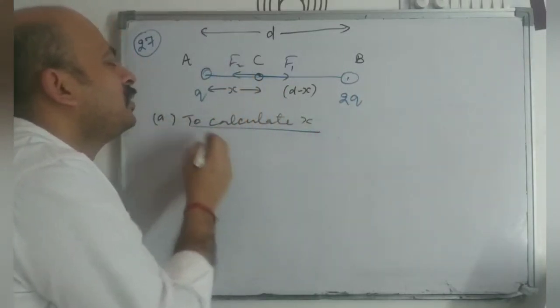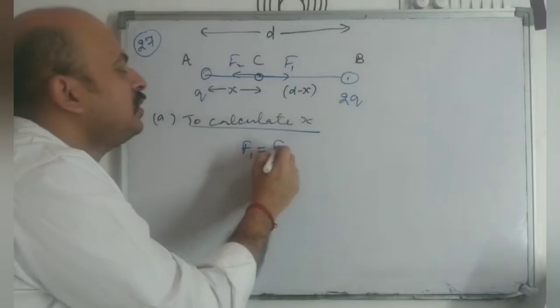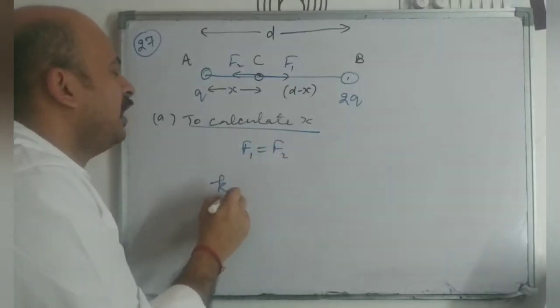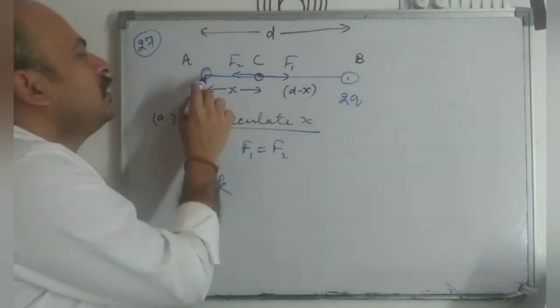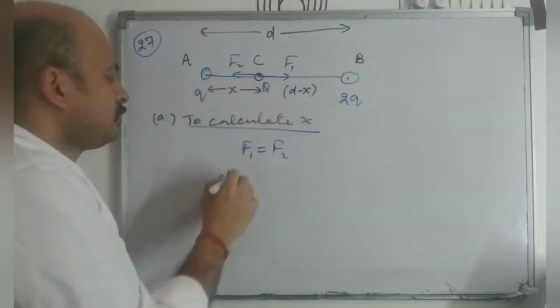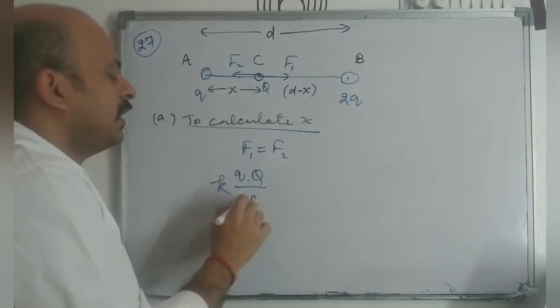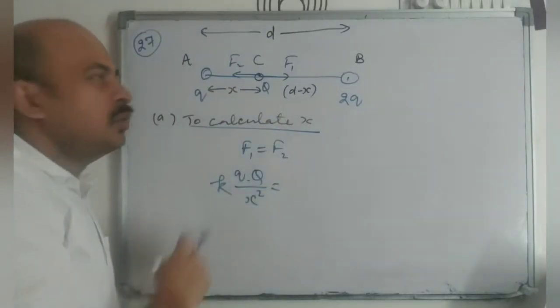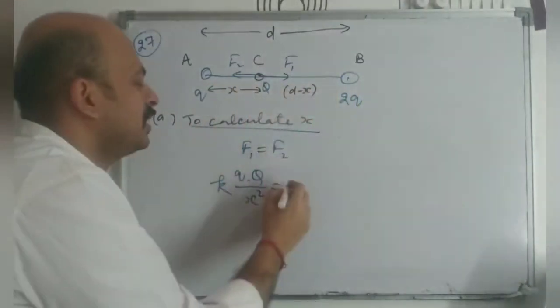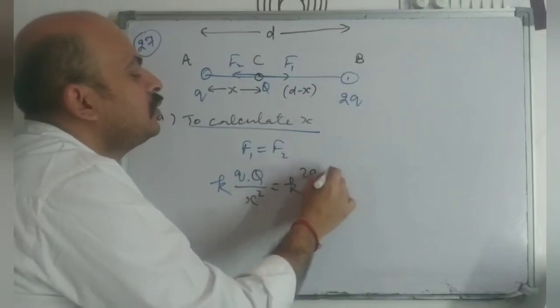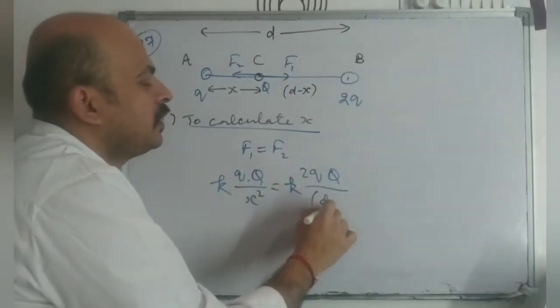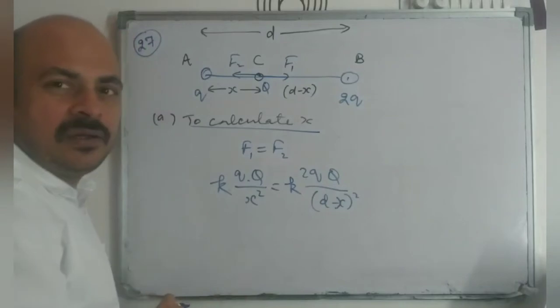Now to calculate the position, F1 should be equal to F2. What is F1? It is K small q, let the charge be capital Q, divided by x square. What is F2? Force between these two charges. It is K 2q capital Q upon d minus x whole square.